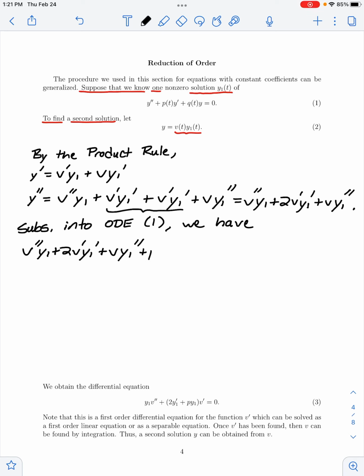And then we are adding p of t times our first derivative, which was v prime y1 plus v times y1 prime. And then we add q of t times y, where y was defined as v times y1. And in order to solve the differential equation, which is homogeneous, we need this to equal 0.